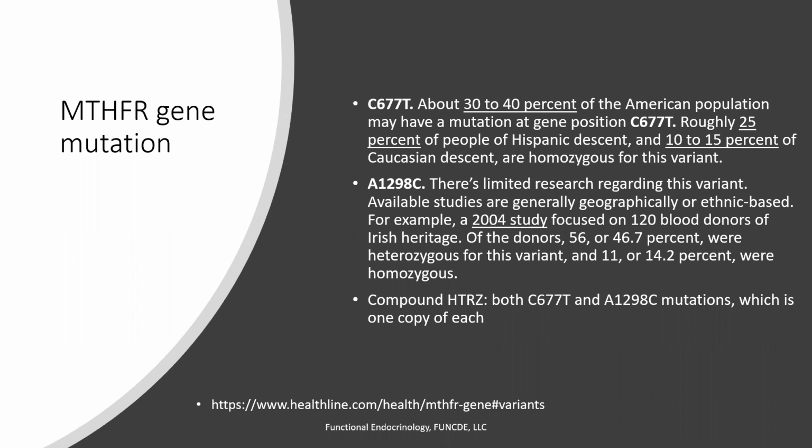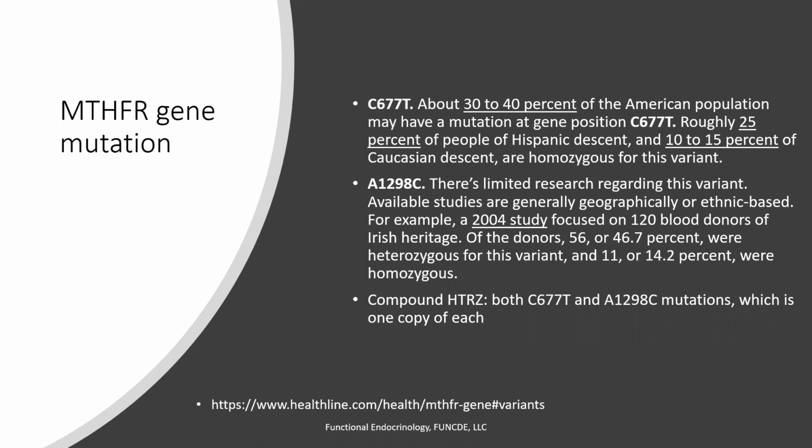And one place is called C677T, and another one is A1298C. If you have two copies of C677T, that we call homozygous, or if you have one C677T and another A1298C, then we call it compound heterozygous.